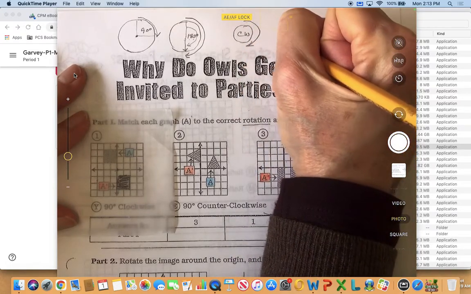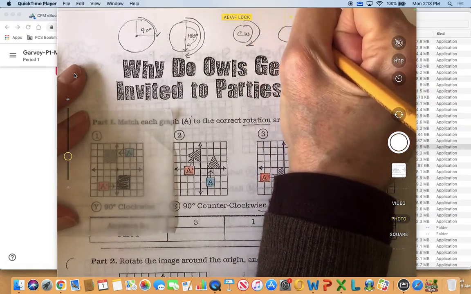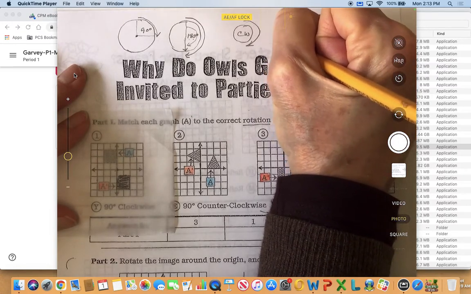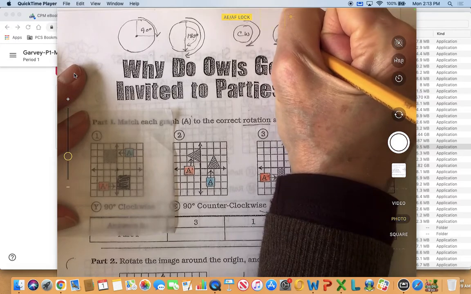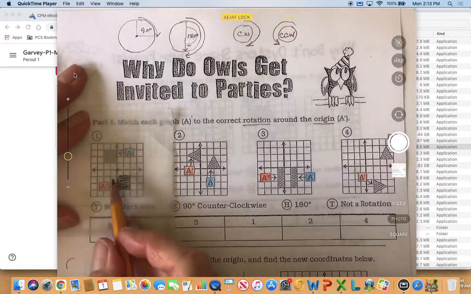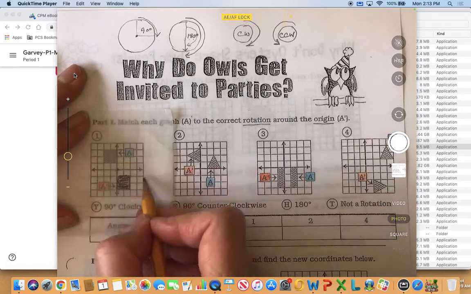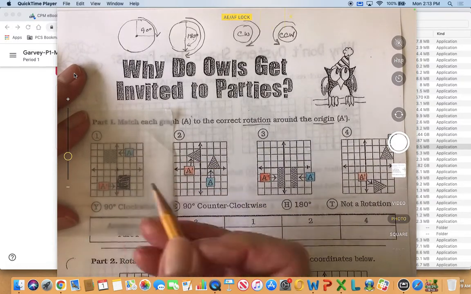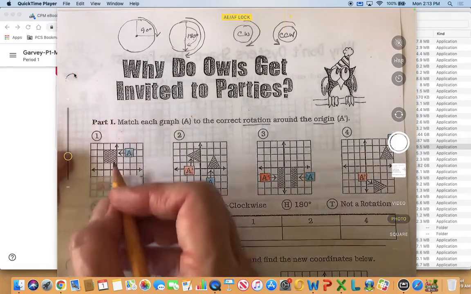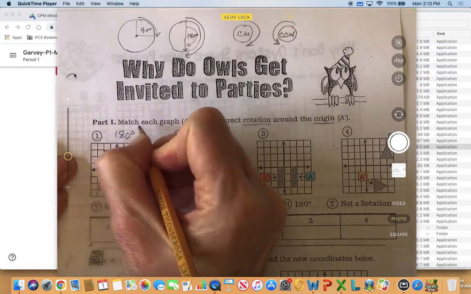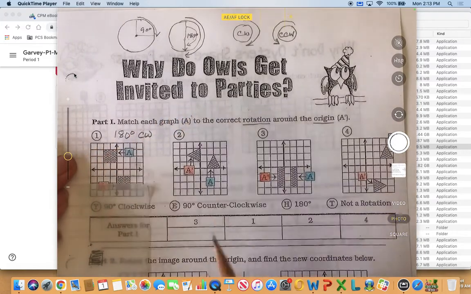And if we go the other way, against the way that the clock goes, we call that counterclockwise. In this case, we went in this direction, which is clockwise. So we know that we went 180 degrees and we went clockwise.